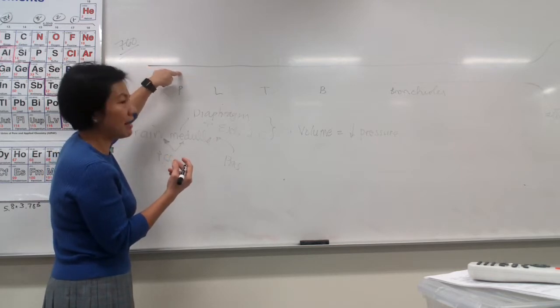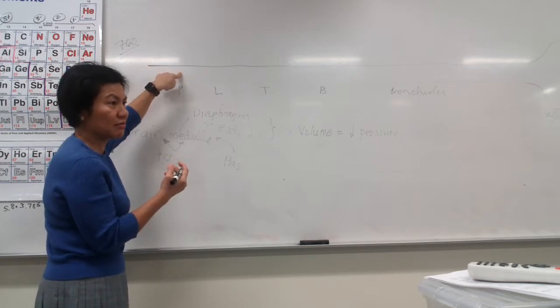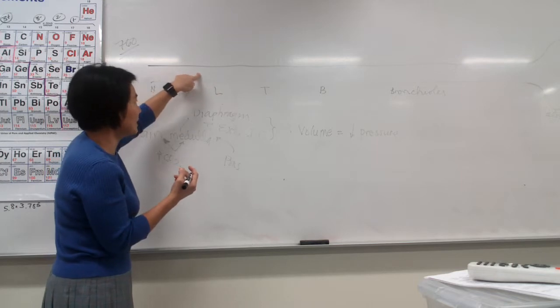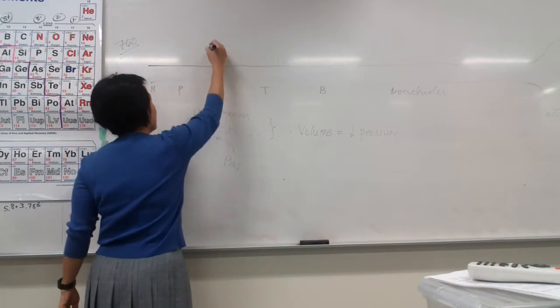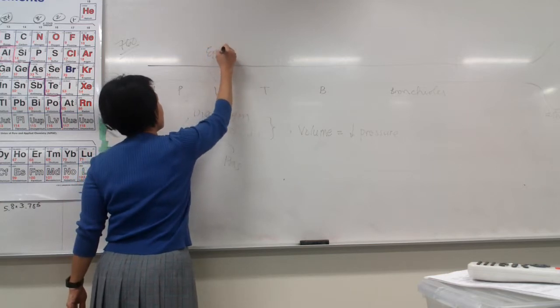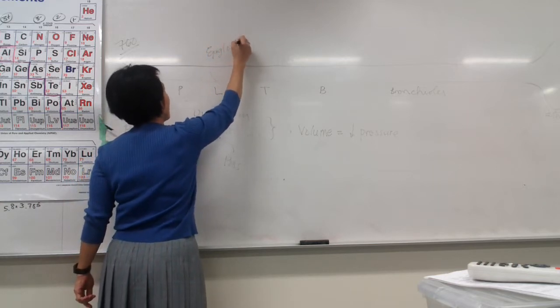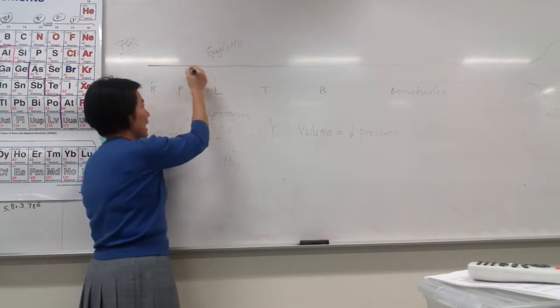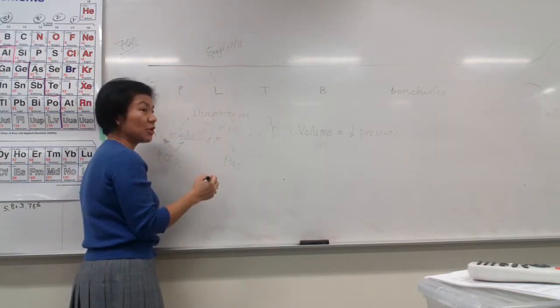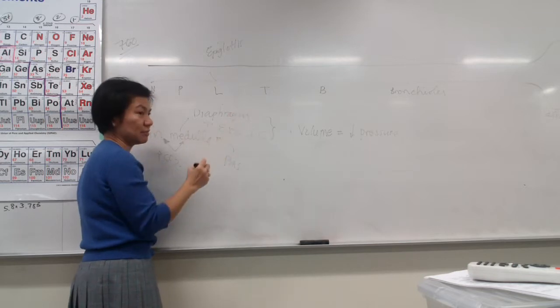Then it goes to the pharynx, which is your throat. Okay? From the pharynx, it lands in the larynx. Don't forget the epiglottis right here, a structure of your larynx. The epiglottis makes sure that only air enters your respiratory tree and nothing else, right?